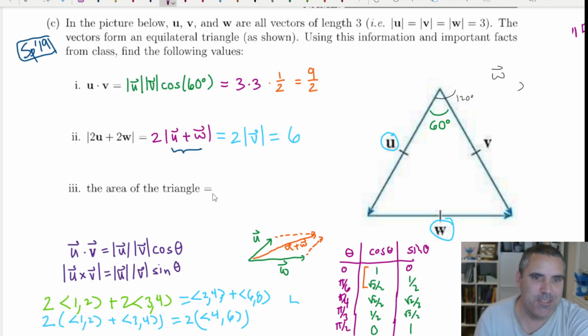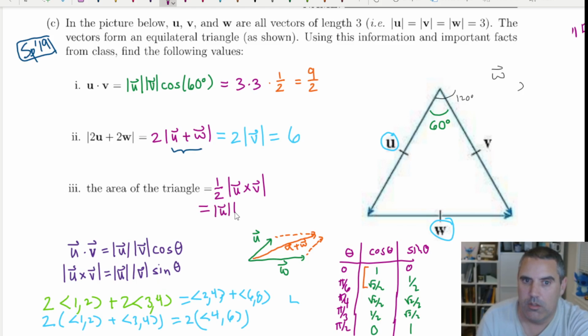And let me know if I make a typo. I'm not checking solutions. And so last thing, the area of the triangle, that's going to be 1/2. And you can use any two of the vectors of this. So that's this other fact. So it's the magnitude of U, magnitude of V, sine of theta. And so we have a couple things to do here. I forgot my 1/2. 1/2.